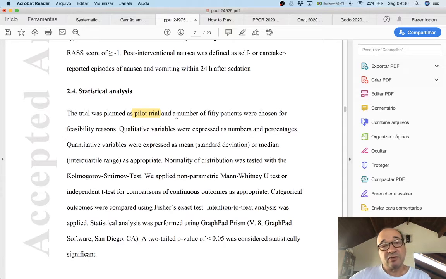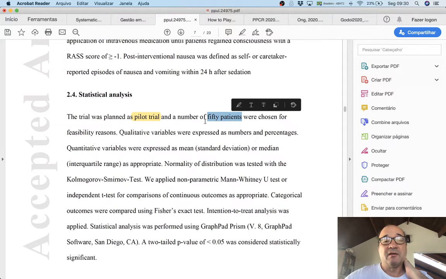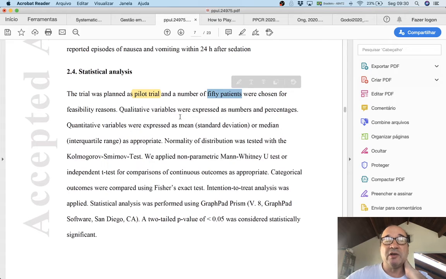This trial is going to be useful for a real trial, not a pilot one. And they selected 50 patients, and they were equally distributed in a randomized way to compare the devices.